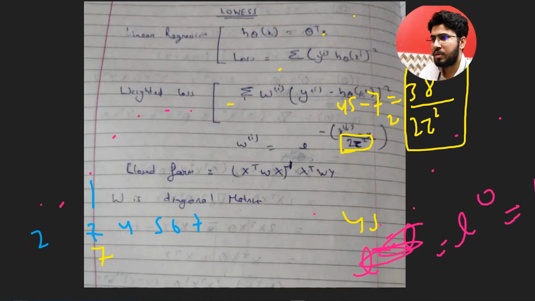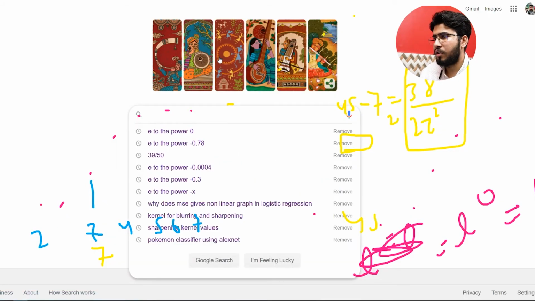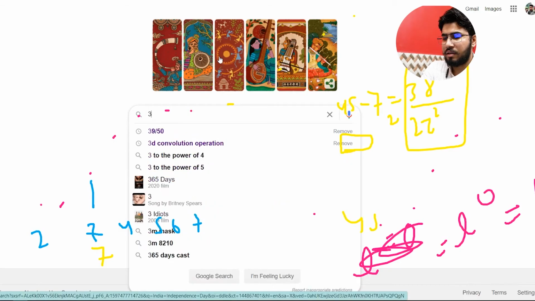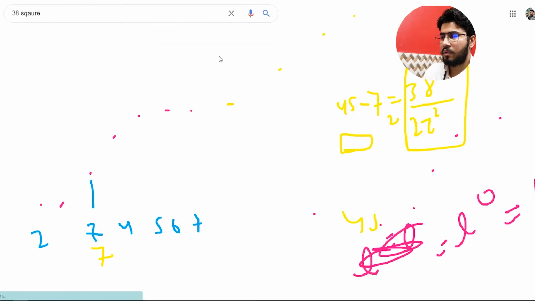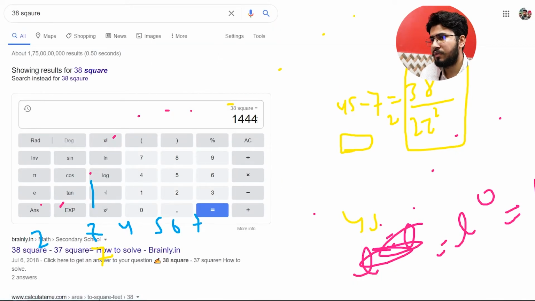Okay, and let's do some calculations. 38 squared is 1444, and our tau is 5, so 5 squared is 25, and 25 into 2 is 50, so it is going to be divided by 50.